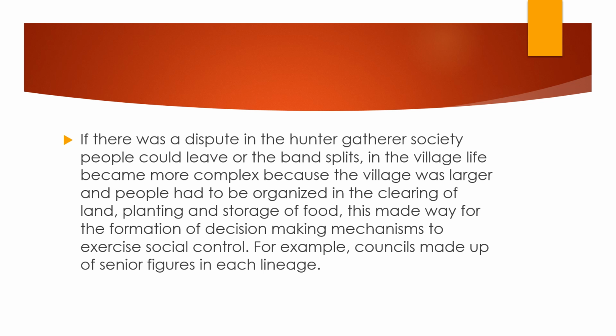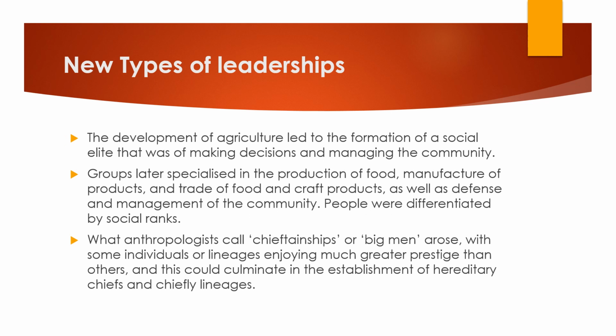This made way for the formation of decision-making mechanisms to exercise social control, for example, councils made up of senior figures in each lineage. So now we see a new type of leadership emerging. The development of agriculture led to the formation of a social elite capable of making decisions and managing the community.